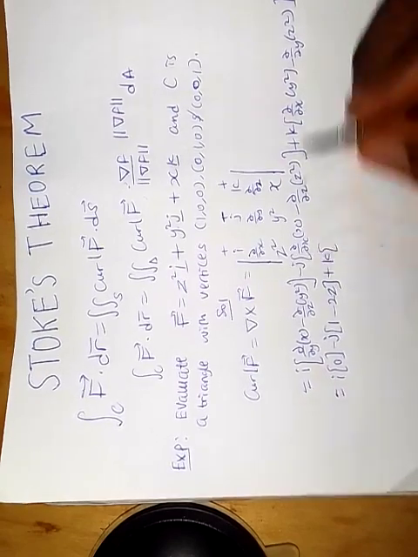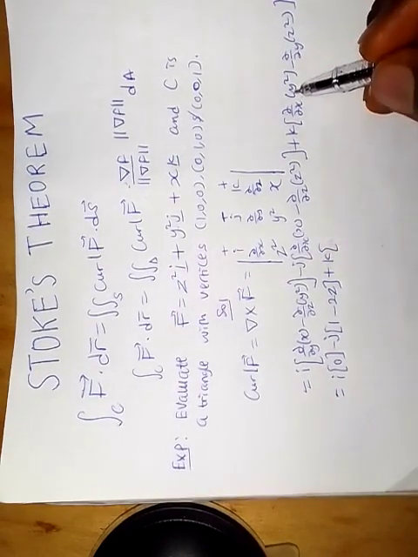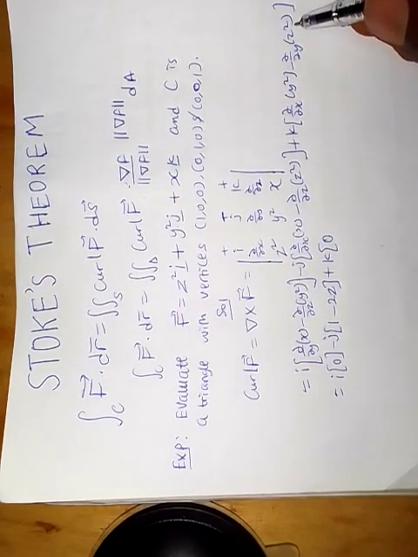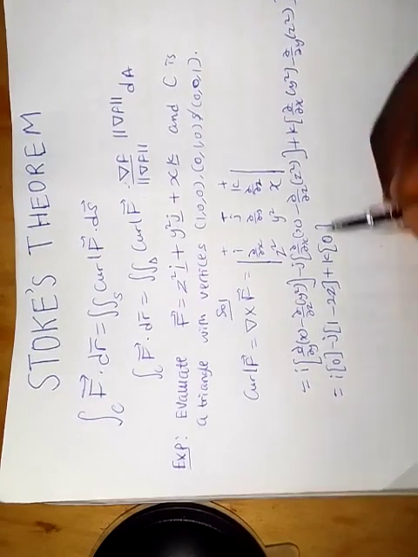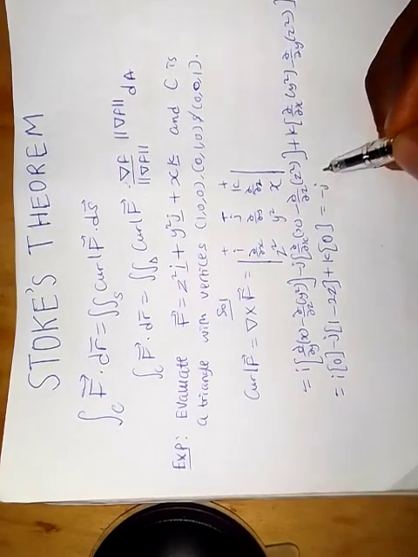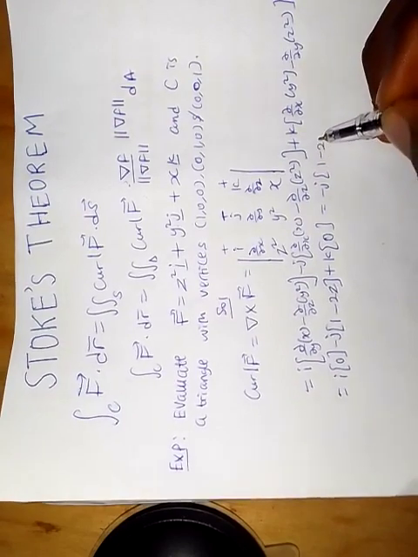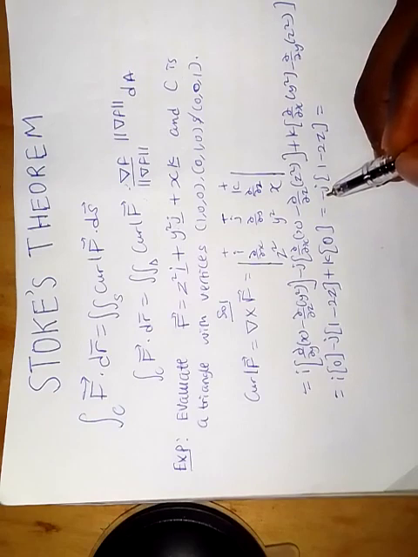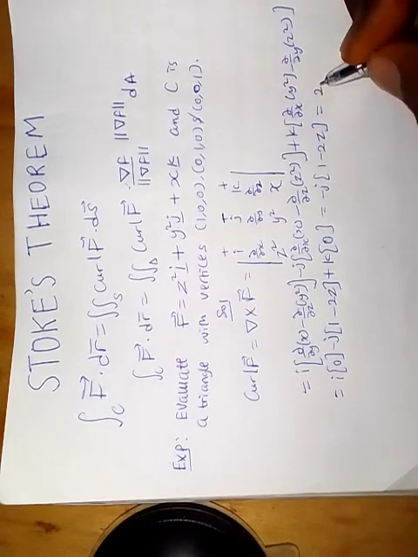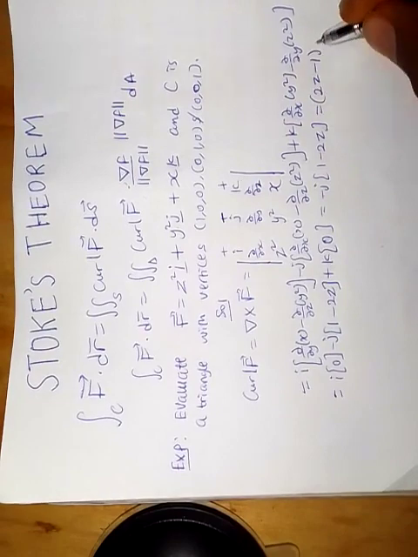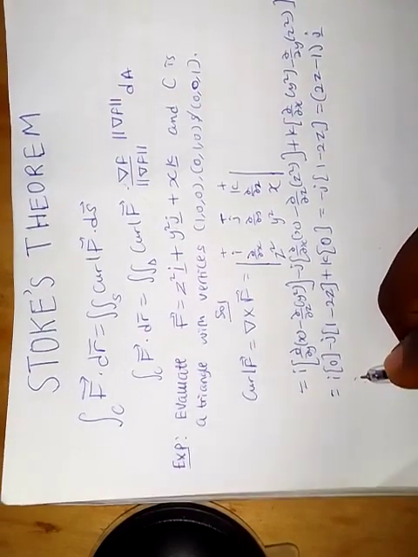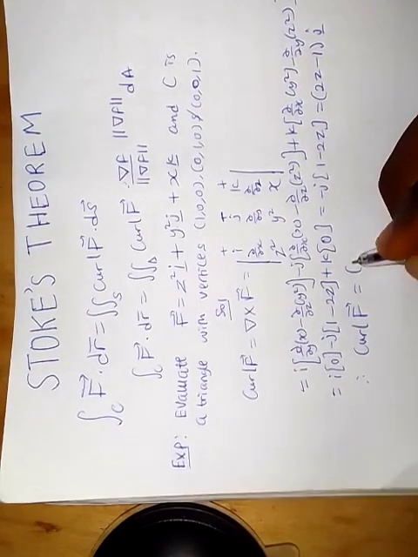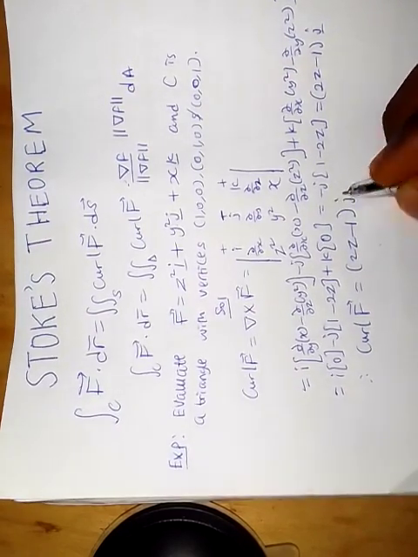The same operation on the k component gives 0, differentiating with respect to y we have 0 also. So we are left with minus j times (1 minus 2z), which is the same thing as, when we use the negative sign to open the bracket, (2z minus 1) in the j component. Therefore, our curl of F equals (2z minus 1) j.